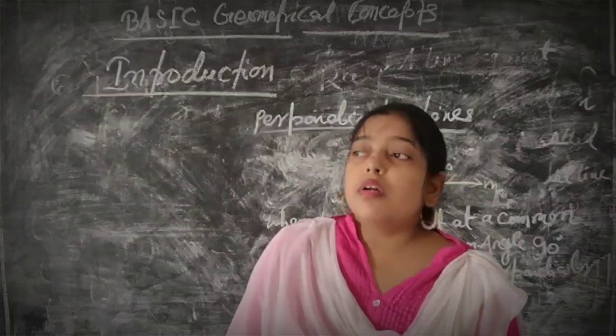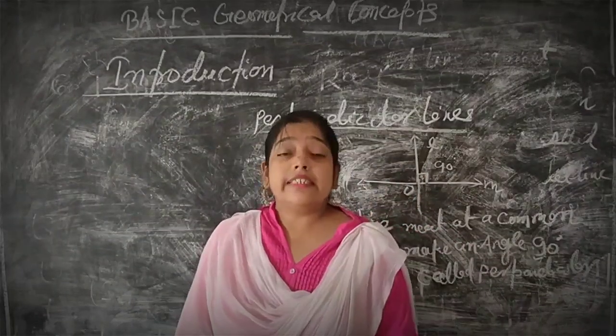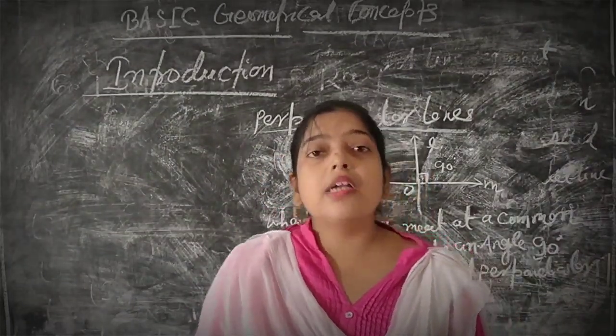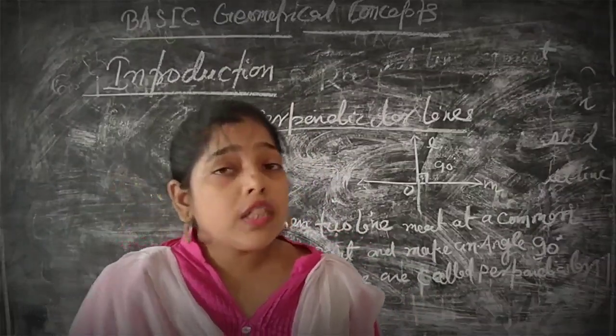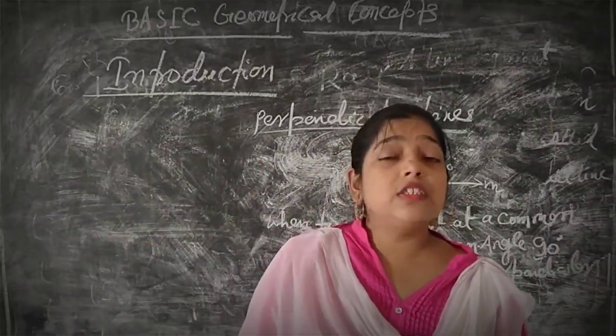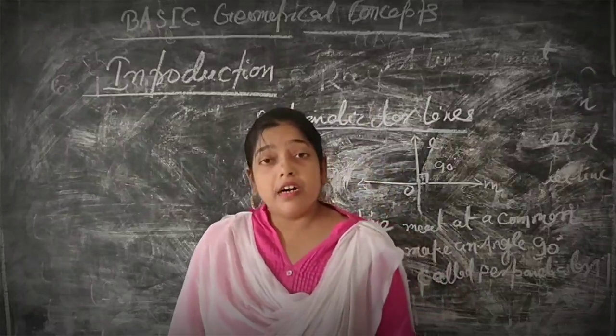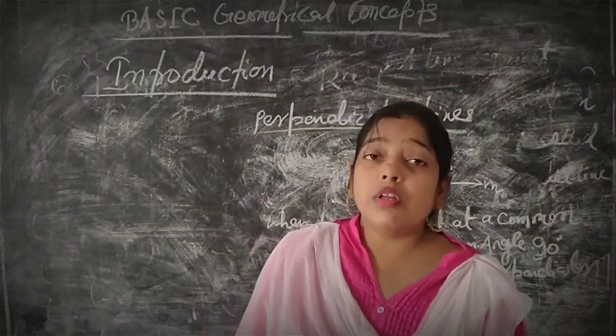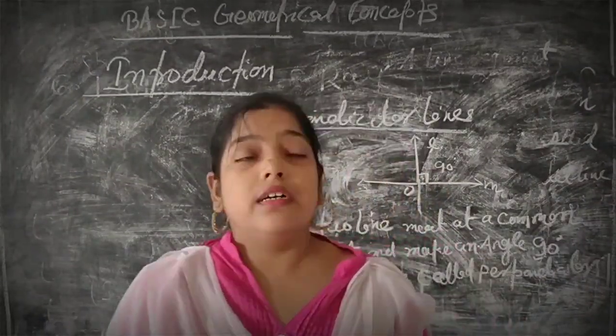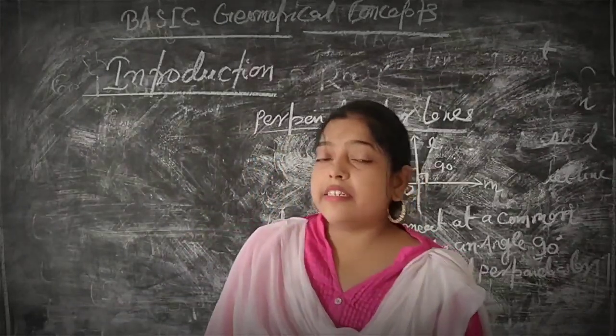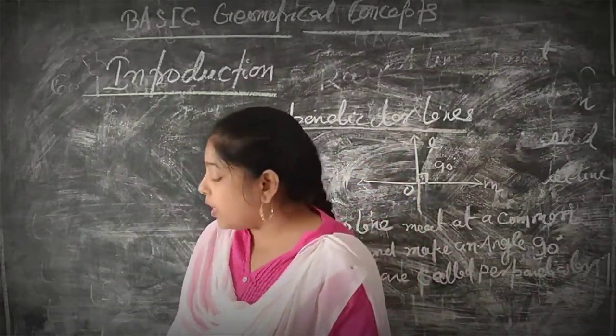And triangles, rectangles, squares, quadrilaterals, all these geometrical figures are polygons. So we can write the definition of a polygon.